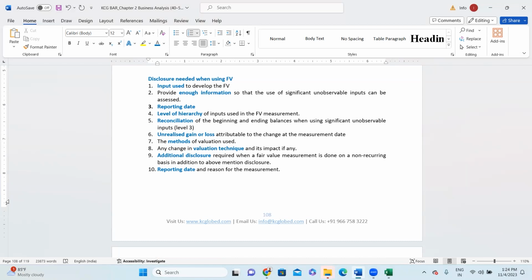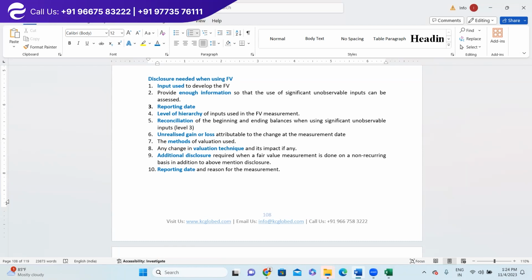Second is to provide enough information so that the use of significant unobservable inputs can be assessed. If you are using unobservable inputs, then you will provide sufficient information so that any third person can reach the same conclusion about how you arrived at that value, right?